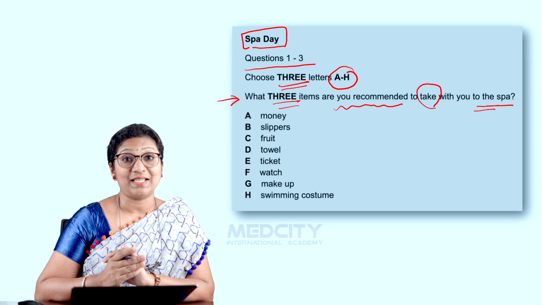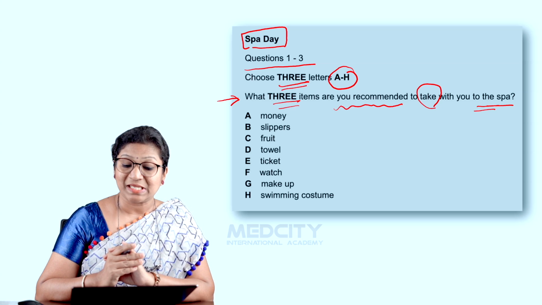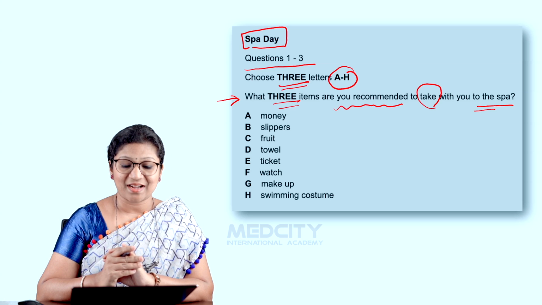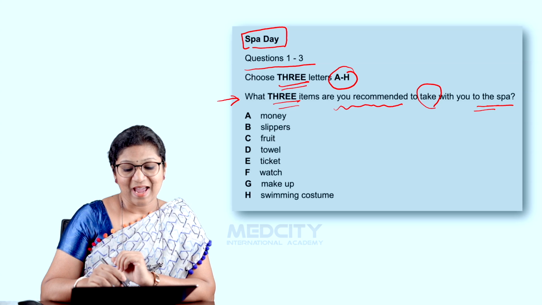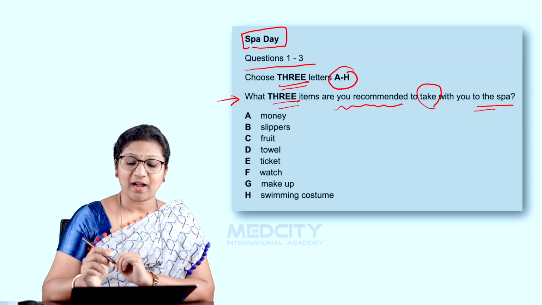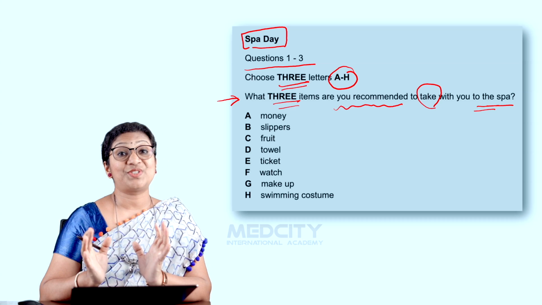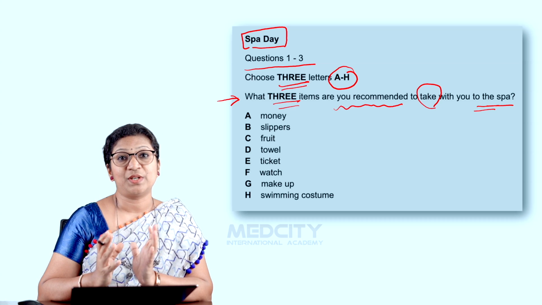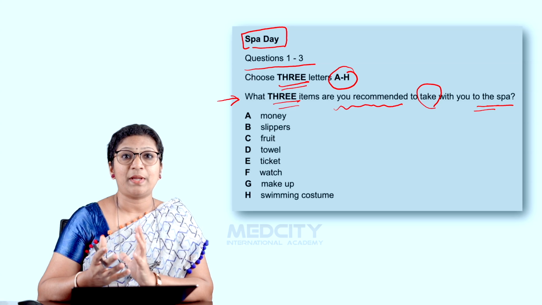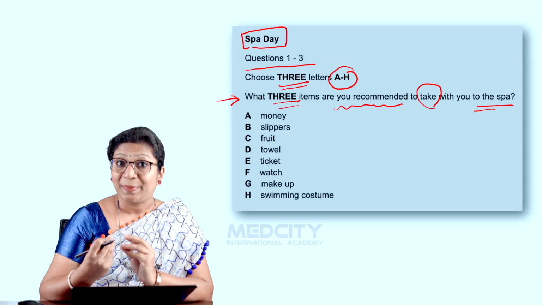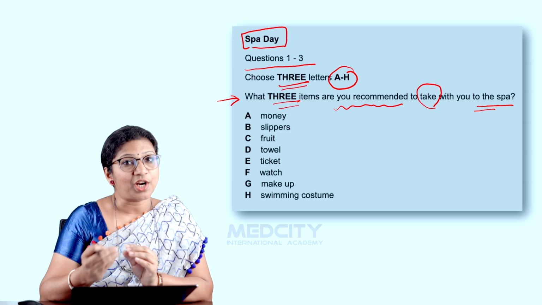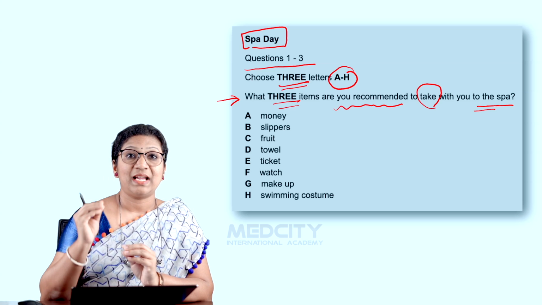You can see A says money, B slippers, C fruit, D towel, E ticket, F watch, G makeup, and H swimming costume. So it's very obvious that you're going to listen to maybe a conversation, or it could be a monologue where a person is giving basic instructions to be followed in the spa.